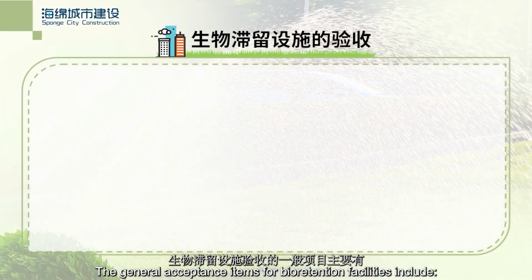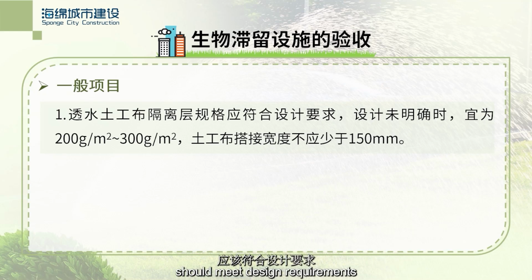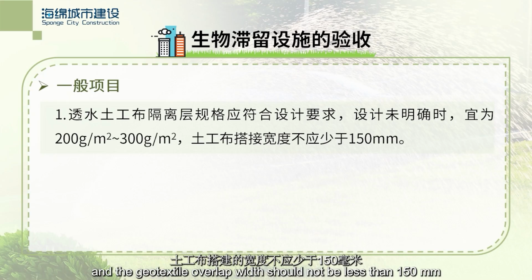The general acceptance items for bioretention facilities include the following. The specification for permeable geotextile isolation layers should meet design requirements. If the design is unclear, the unit mass should be 200 to 300 grams per square meter, and the geotextile overlap width should not be less than 150 millimeters.